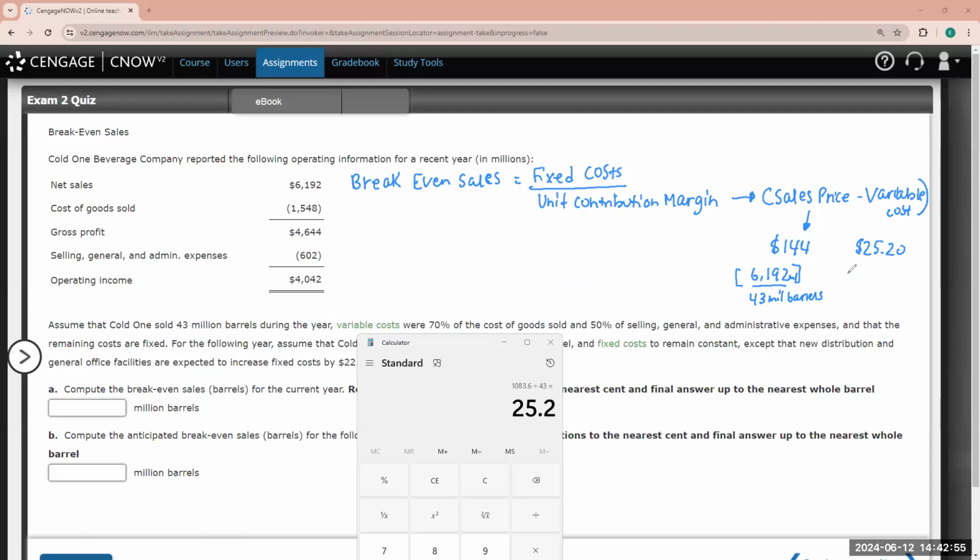And then it also lets us know that our variable costs are 50% of our selling, general, and administrative expenses. So therefore, our selling, general, and administrative is 602,000. We multiply it by 50%, which gives us 301, and we divide it by the 43 million barrels we sold. So therefore, our variable cost for our selling, general, and administrative expenses represents $7.